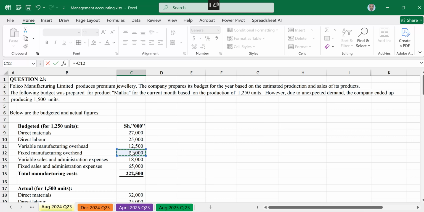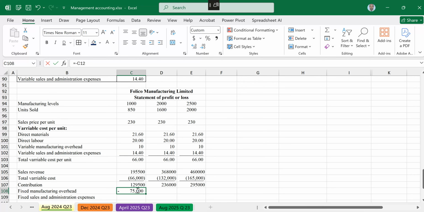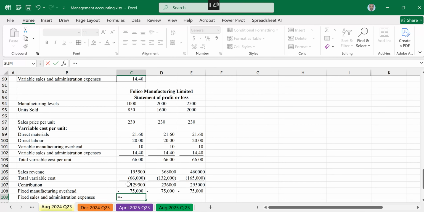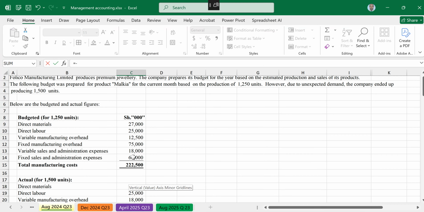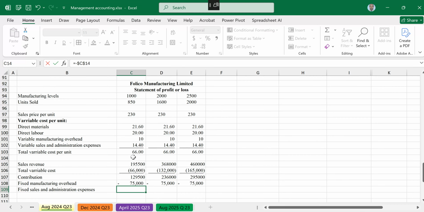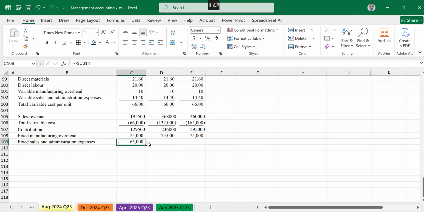Make sure you lock. Then drag across. Then the other one is equal sign negative, the last one is 65, lock, constant throughout, then drag across.